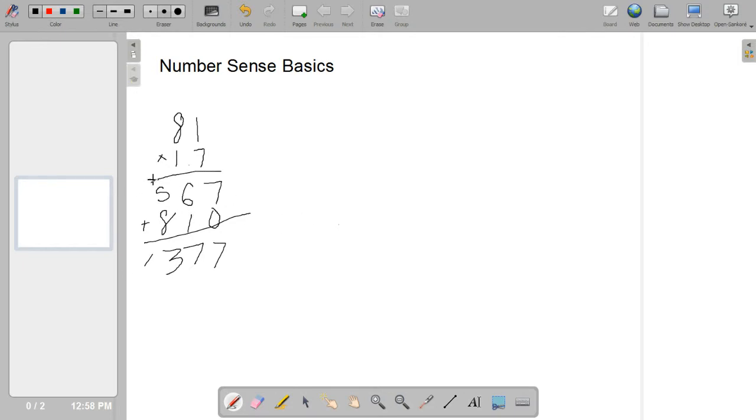But there's a better way of doing this where you can just avoid all of this mess and go straight to the answer. You might even be able to solve some of these problems mentally, and that's the basic point of number sense, trying to solve a problem with your mind, not a calculator.